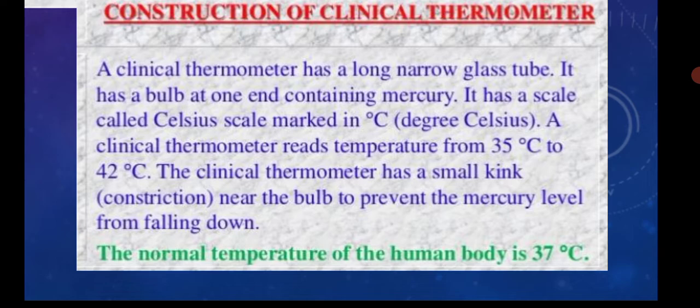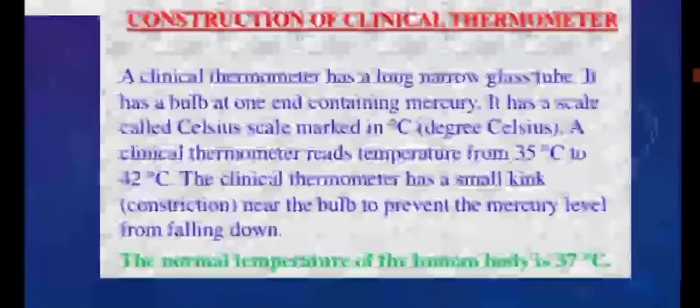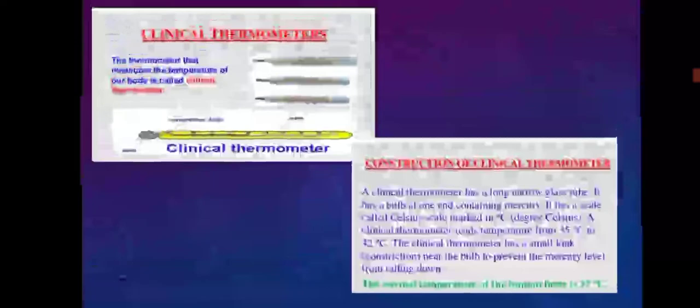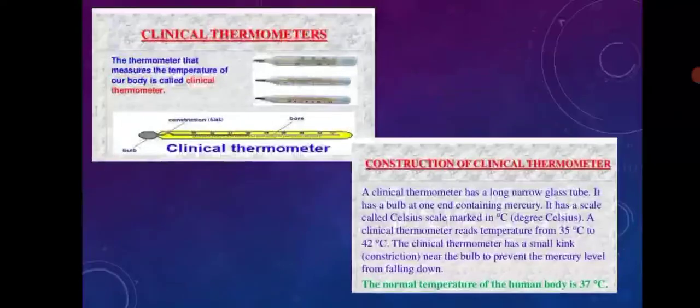A clinical thermometer is almost the same as a laboratory thermometer but has a slight bend or kink in the capillary tube just above the bulb. To check the body temperature, the thermometer is normally placed in the mouth.